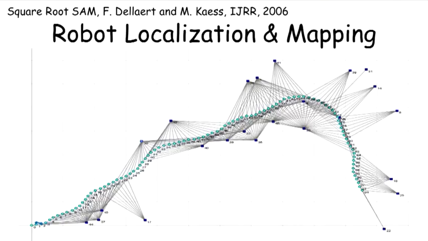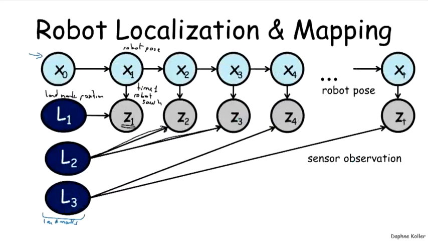And we have these dark blue landmark position variables, where we see that a landmark is connected to all of the positions at which it was visible by the robot. This is an edge that's induced by this V structure, which we have because Z1 has been observed.